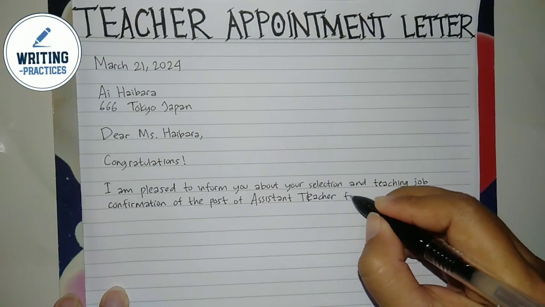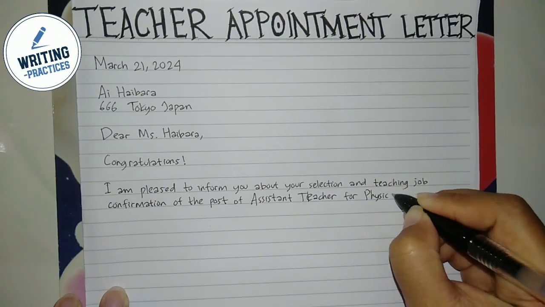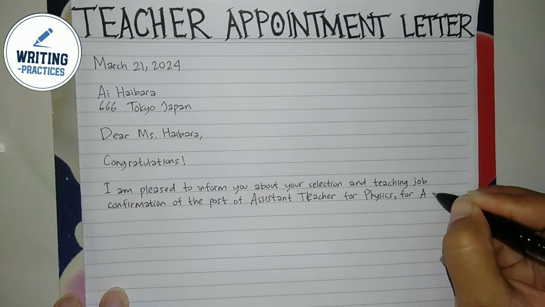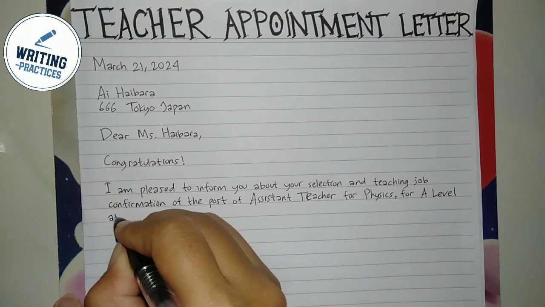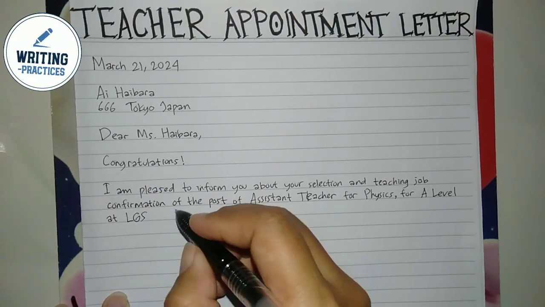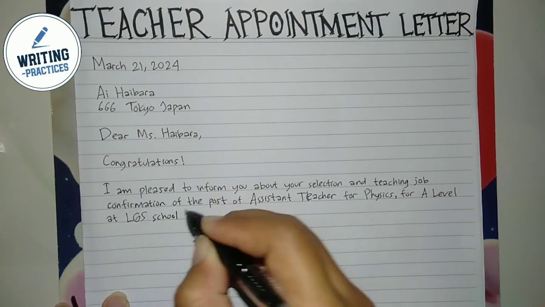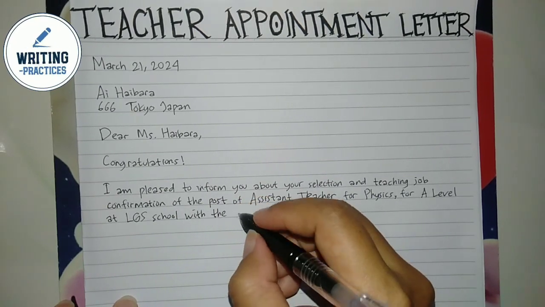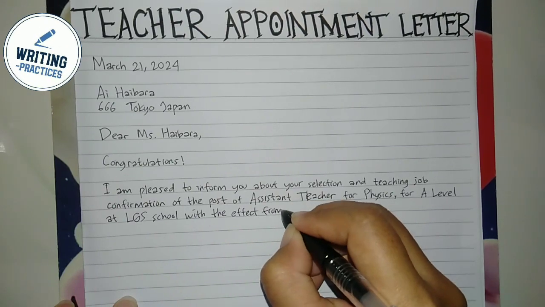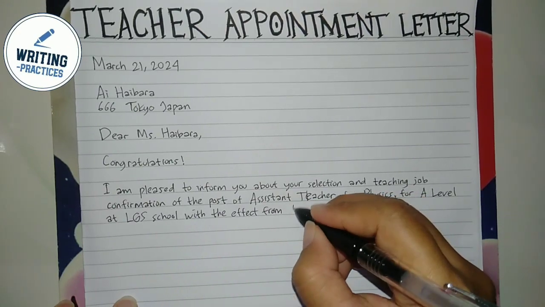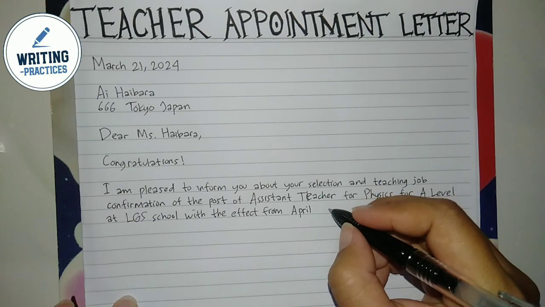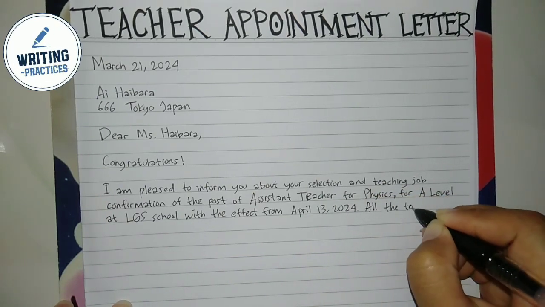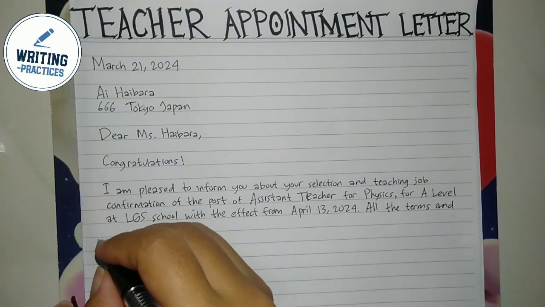Write the level of the class. And also write the date of their first job. In the next sentence, mention that you attached the terms and conditions regarding the agreement form.